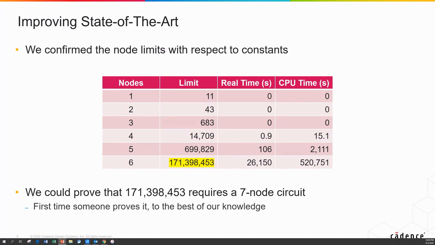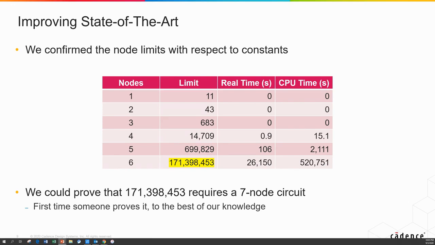Try it, it's a very easy exercise. 11 is the first number where we need 2 adders. Similarly, any multiplication by a constant less than 43 can be done in 2 or 1 adder or subtractor. 43 is the first number that requires 3 nodes in the multiplication circuit. 683 is the first time where we need 4 nodes, and so on.